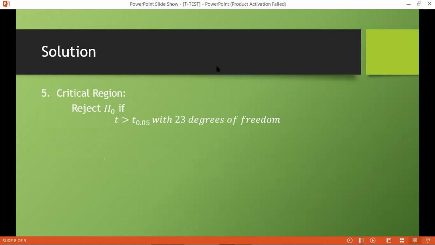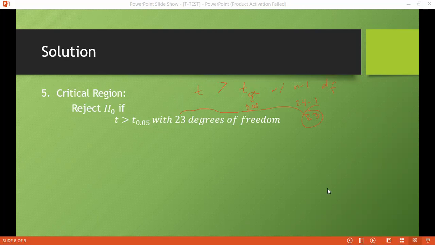Kasi ang given na formula talaga niya for the critical region is T is greater than T sub alpha, and ang alpha na given is 0.05 with n minus 1 degrees of freedom or df. Ang n natin is 24 minus 1, that is 23. Kaya yan, naging 23 degrees of freedom.